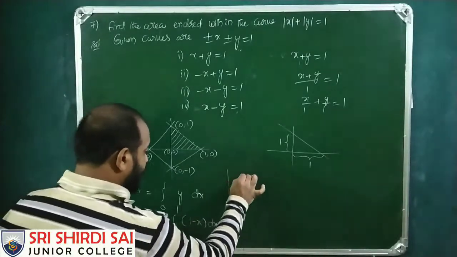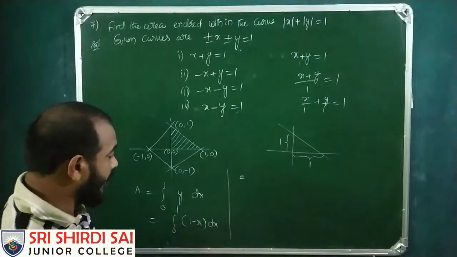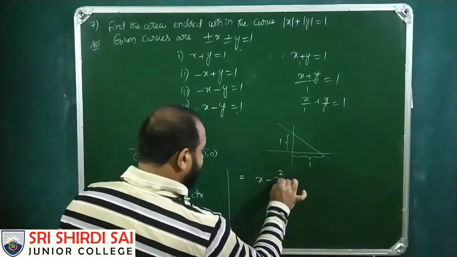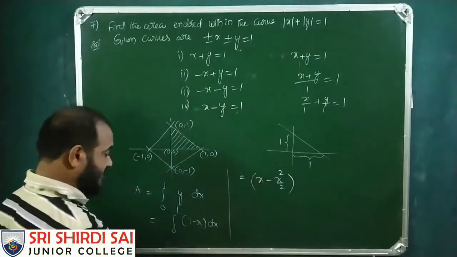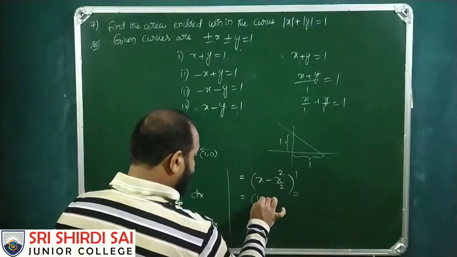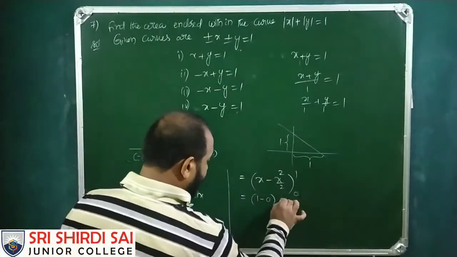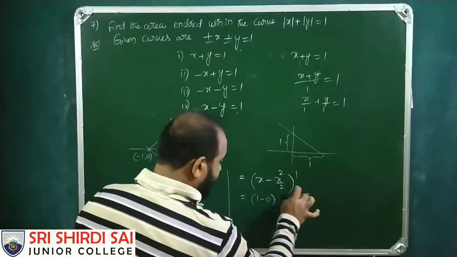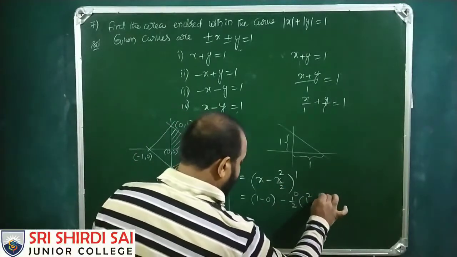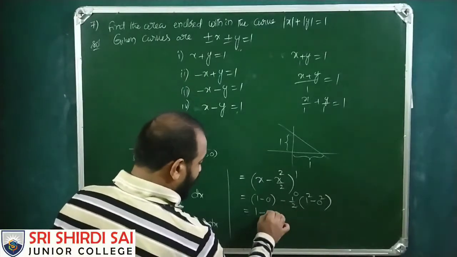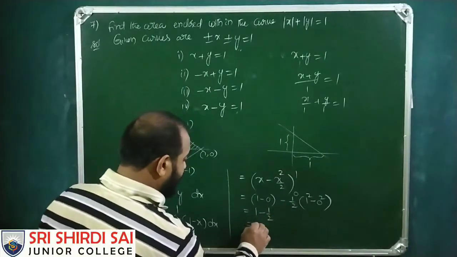This is equal to integral 1 dx is x minus integral x dx is x square by 2. The process is over. 0 to 1 is to be written here. In place of x, substitute 1 minus 0, minus 1 by 2, 1 square minus 0 square. So 1 minus 1 by 2. 1 minus half is half.